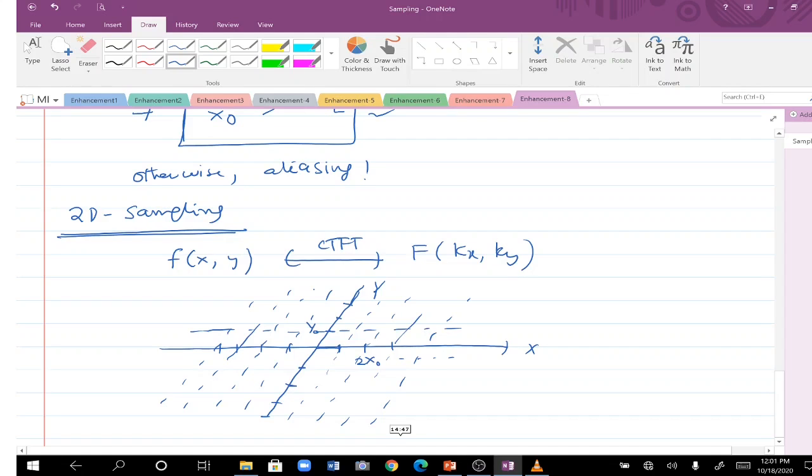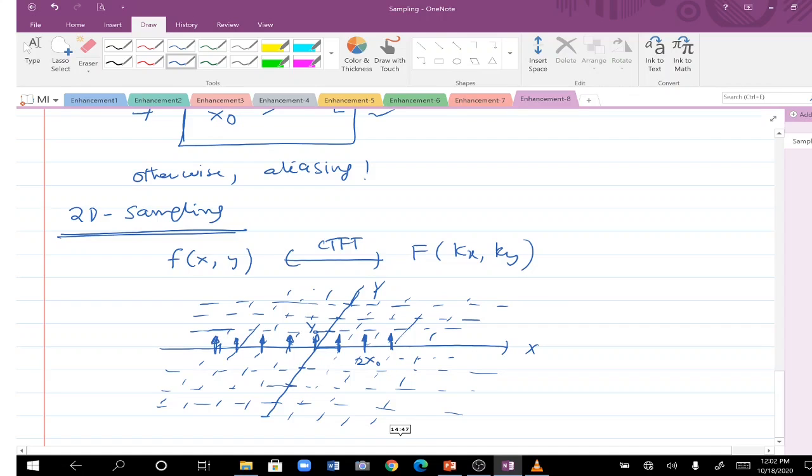So at all those points I'd like to take samples of my original signal. Then how would the impulse train function look? You have here an impulse along x. For example, these are the cases where y equals 0. You have all these points here, impulse functions here.